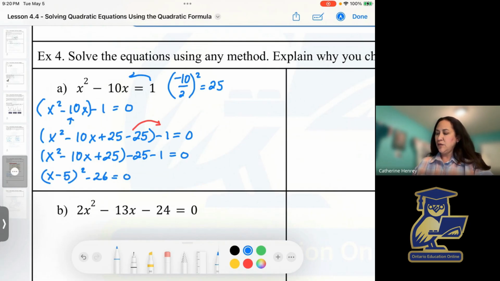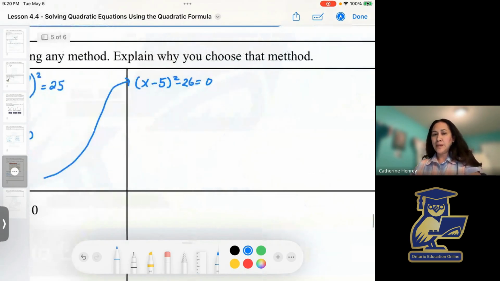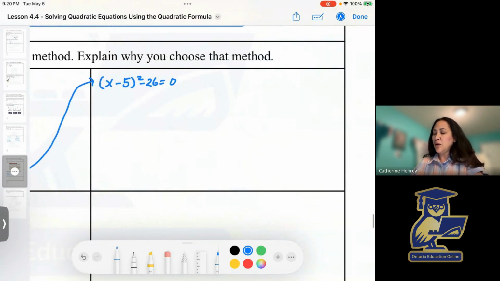So I'm going to now go over some space over here. So we have x minus 5 squared minus 26 equals 0. I'm going to work on solving this.